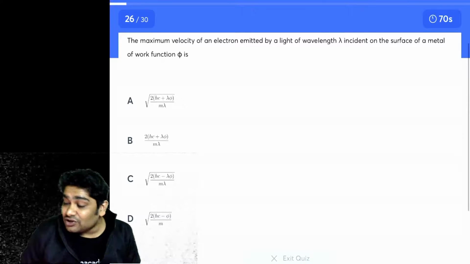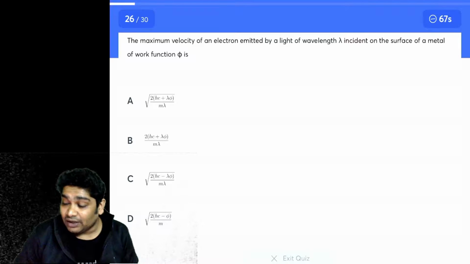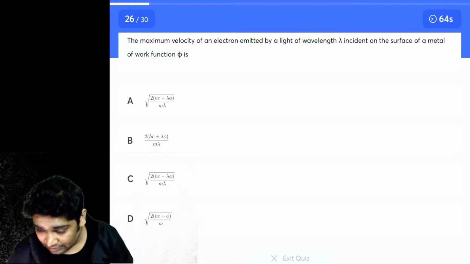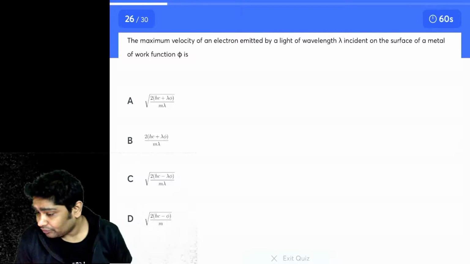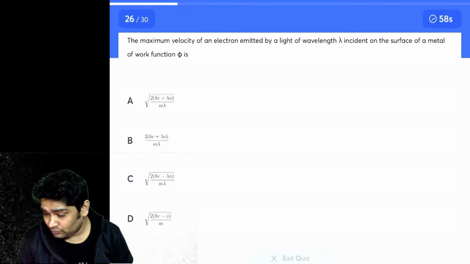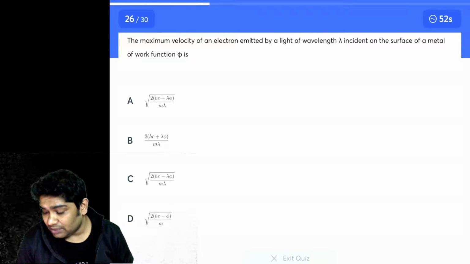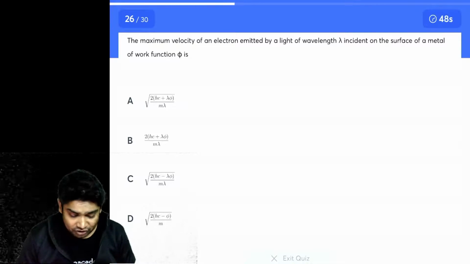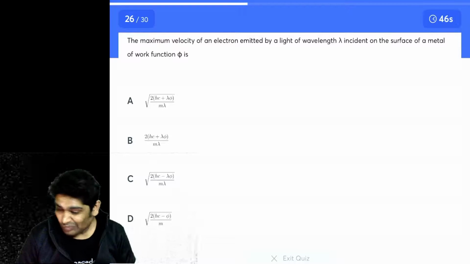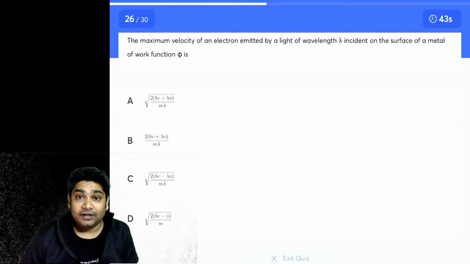Okay, the maximum velocity of an electron emitted by light of wavelength lambda incident on the surface of a metal of work function phi is. So you have been asked the maximum kinetic energy, the maximum velocity of an emitted electron in the photoelectric effect.